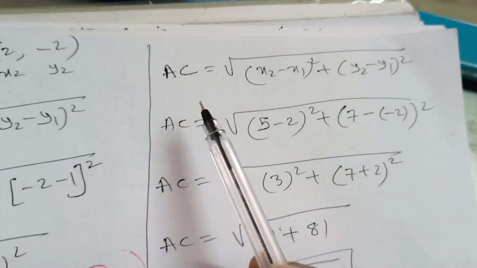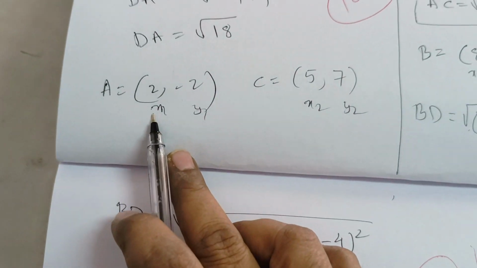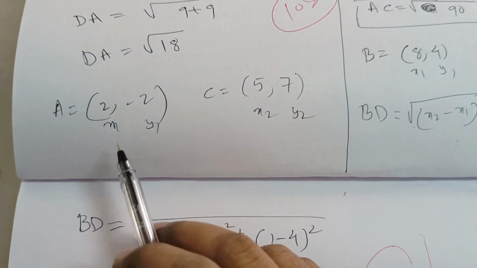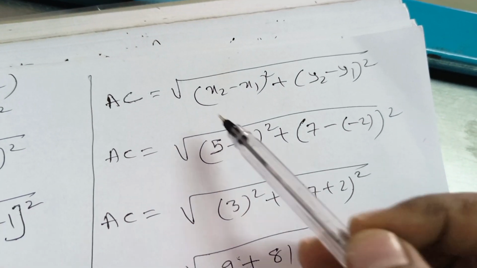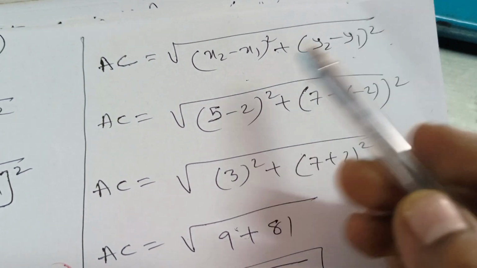Now the point A is 2 comma minus 2, C is 5 comma 7, x1 y1 and x2 y2. So the distance between AC is square root of x2 minus x1 whole square plus y2 minus y1 whole square.